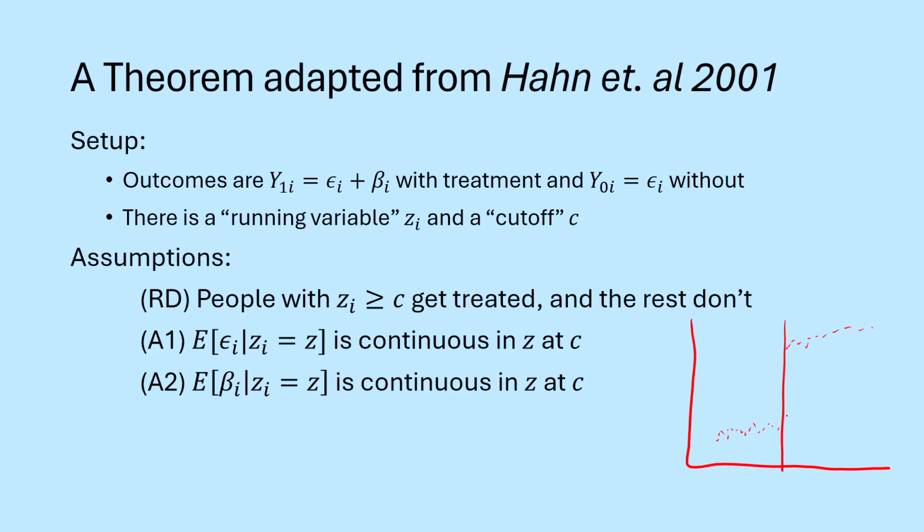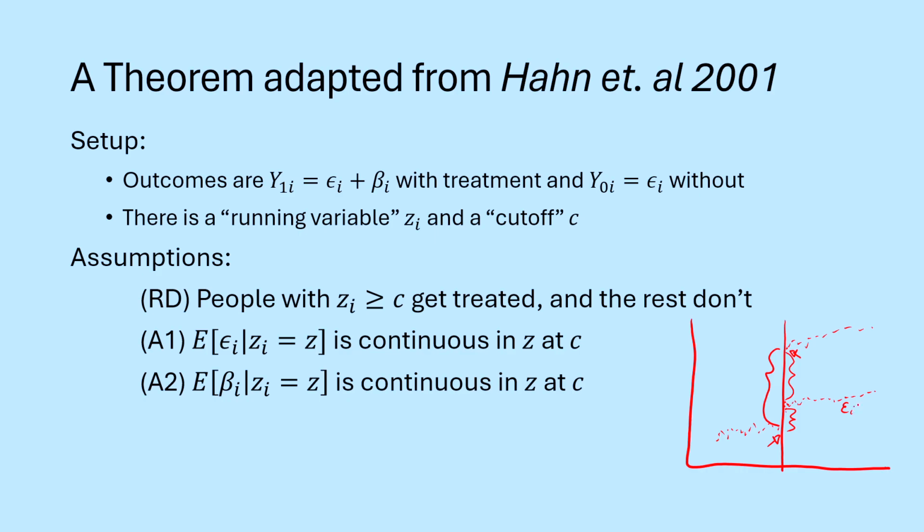Imagine that there was a jump in individual characteristics just to the right, so that the individual characteristics jumped up here. If that was true, then when I take my regression discontinuity estimate, I'm taking the difference between these two things, and I'm comparing people who are treated with people who are untreated, but I can't tell as the researcher what of this total difference I've estimated is coming from the treatment effect versus just the differences in individuals.